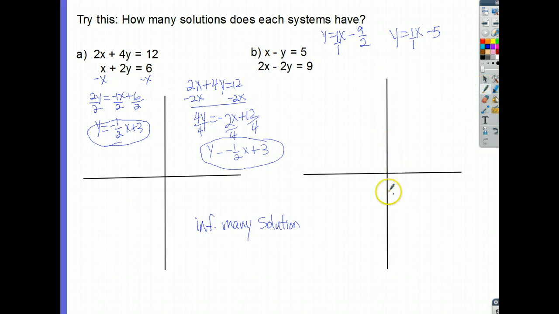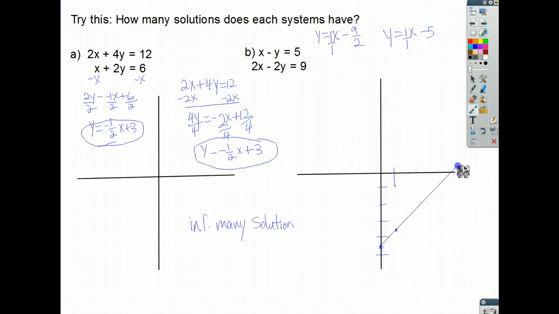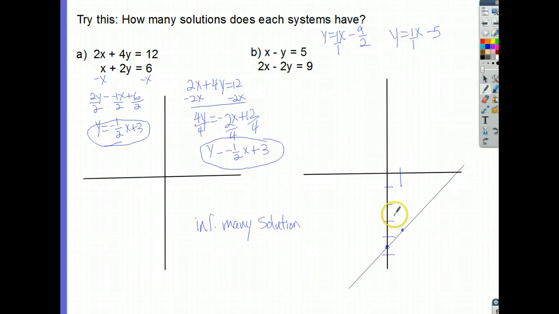Okay, so this one crosses at 9 halves, and goes up 1 and over 1. All right, this one crosses at negative 5.